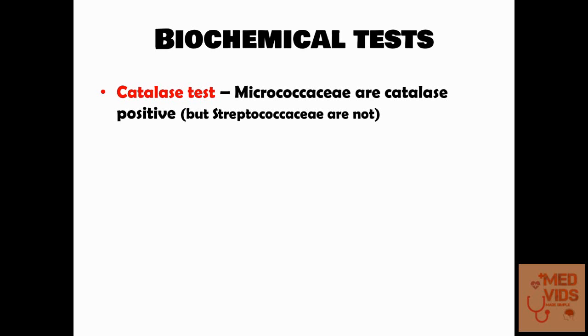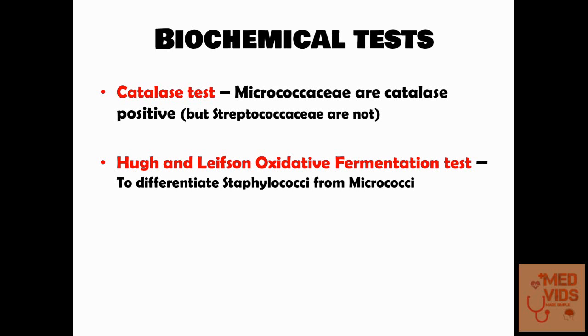Now there is one more test known as the Hugh and Leifson oxidative fermentative test. Once we confirm that it is Micrococcaceae, we need to differentiate between Staphylococcus and Micrococcus because both of these belong to Micrococcaceae.